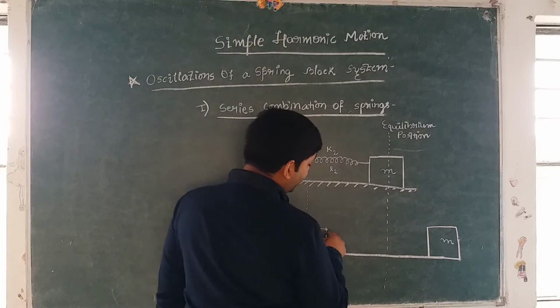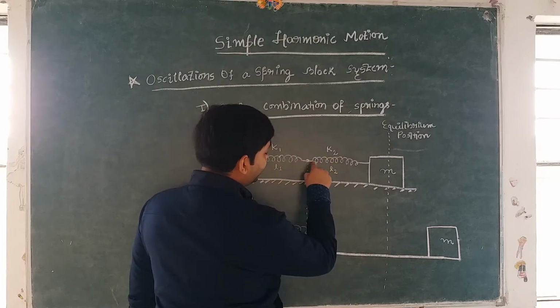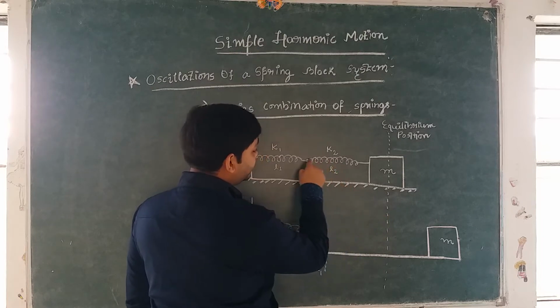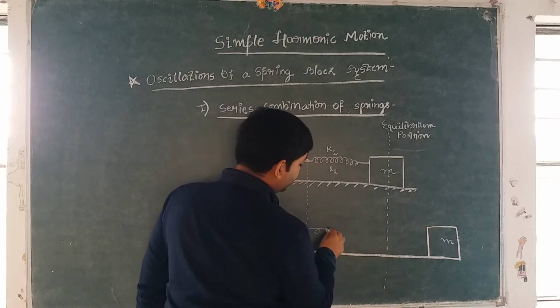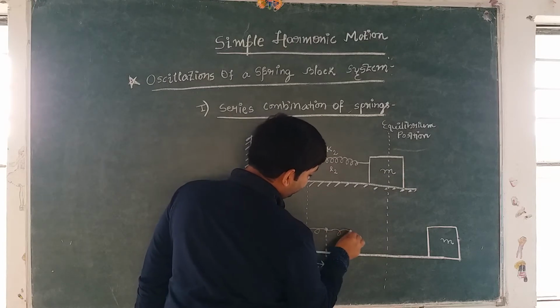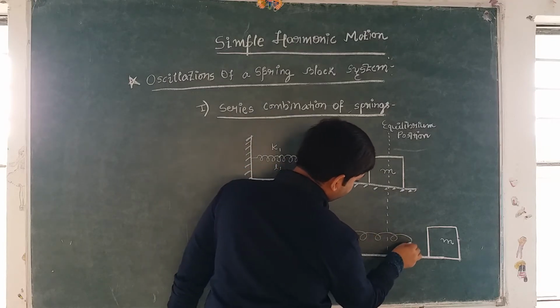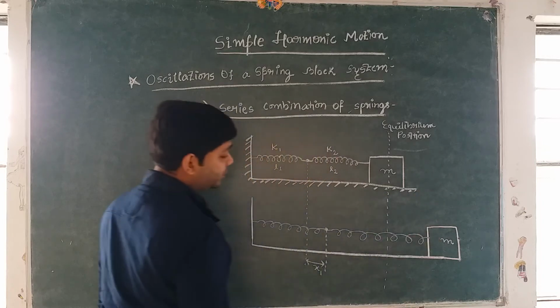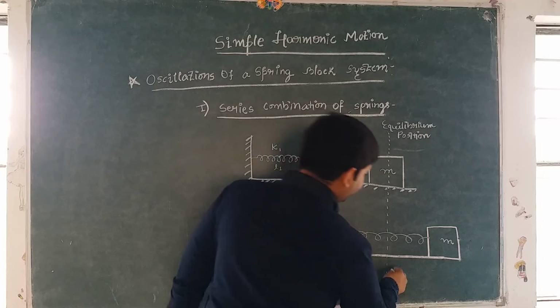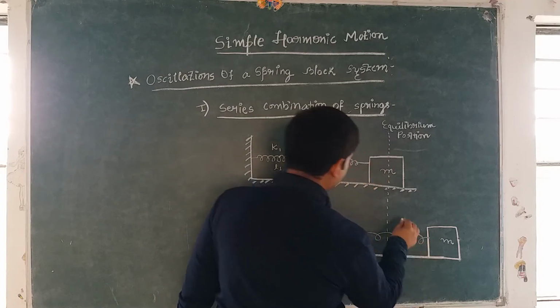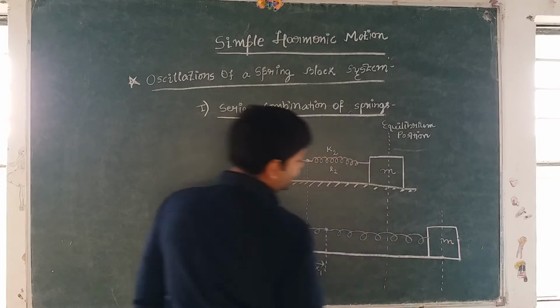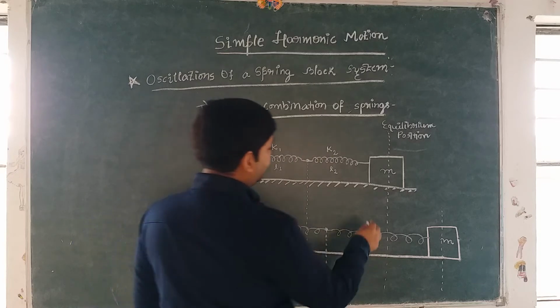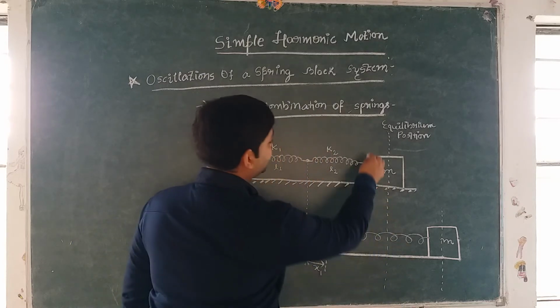And now the second spring also has got elongated, and its one end is connected to this point and the other end is connected to the block. So there will be some extension in spring 2 also, right? Okay, let me draw this position.